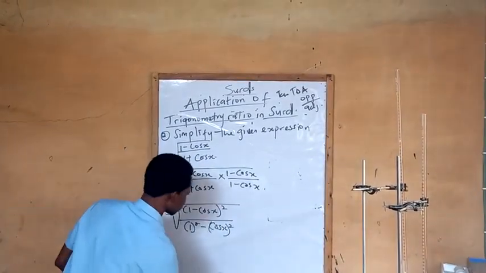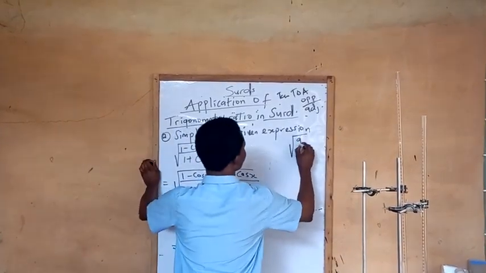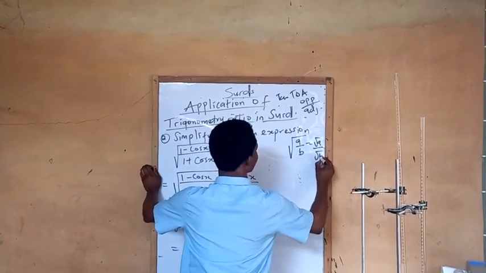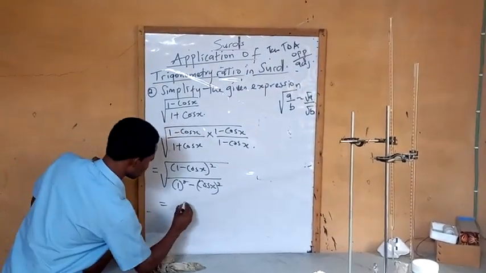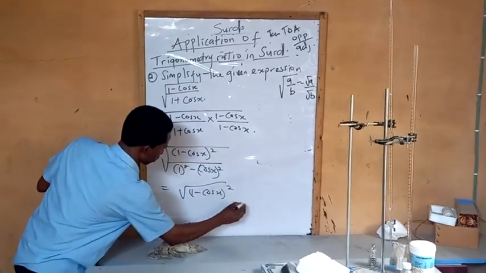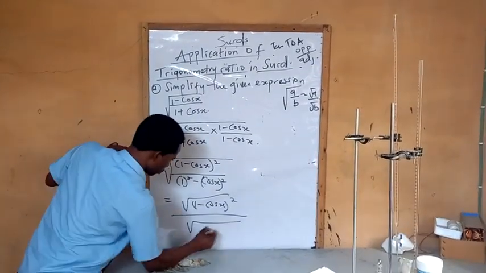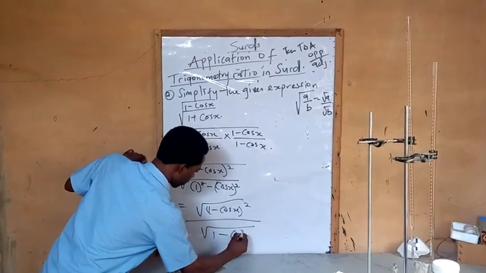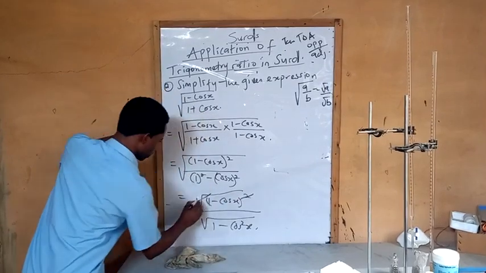In mathematics, if you have root over A B, you are permitted to say root A over root B. So I can as well split. 1 minus cos x squared over, 1 squared is 1, minus cos squared x. Are you guys seeing? So we cancel this.